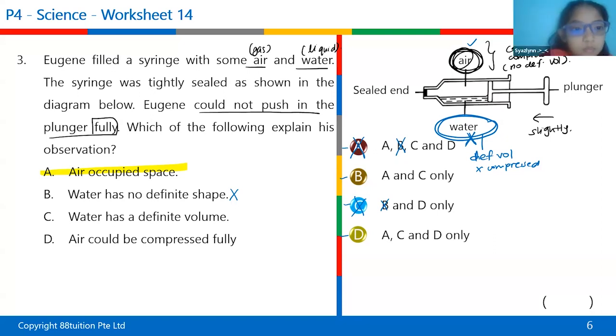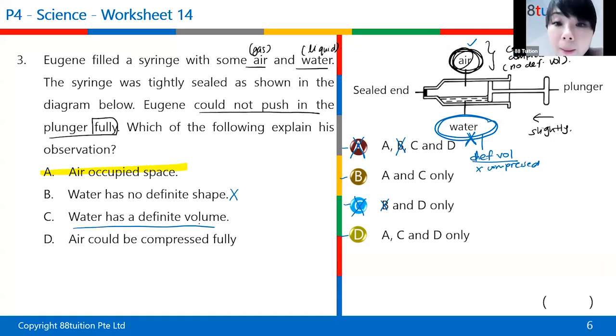Why? It cannot be pushed fully because water has a what? Shaslin. Water has a volume. Exactly. So is this statement correct? Yes.